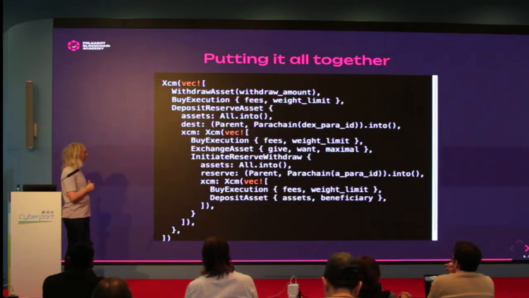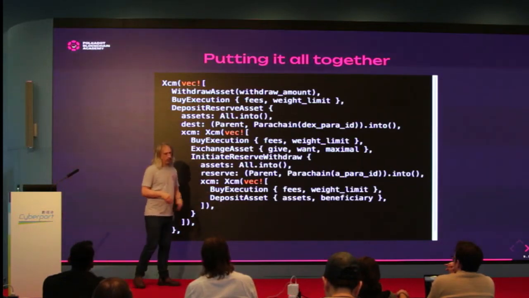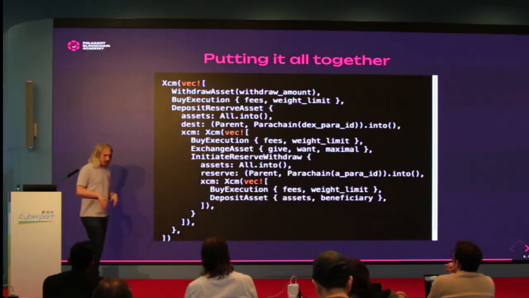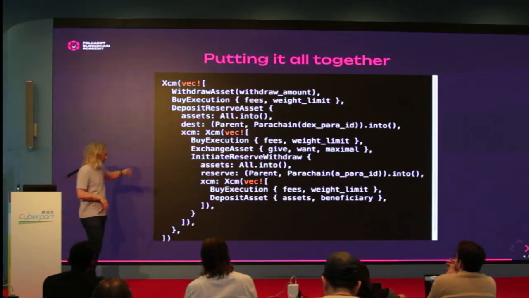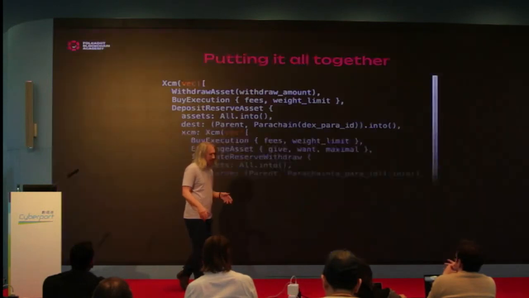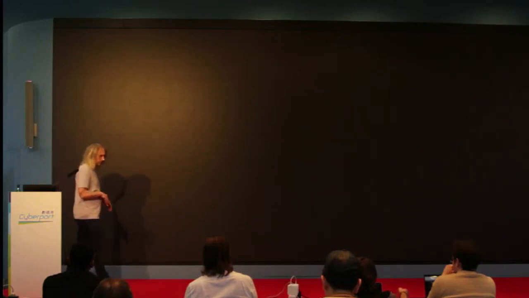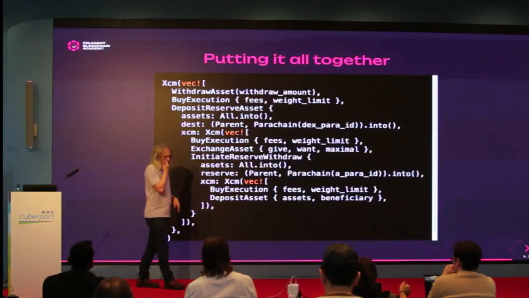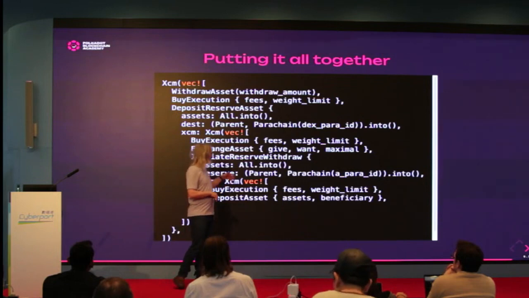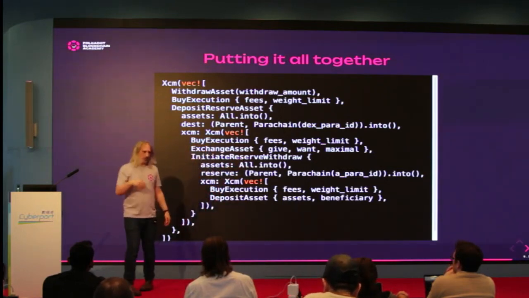For this, you're going to have to inspect the chain beforehand and work out what the likely cost will be to use the initiate reserve withdraw function. Again, realistically, your message is going to execute reasonably quickly, within a few blocks usually, and therefore your UI can probably just make the fees something conservative.